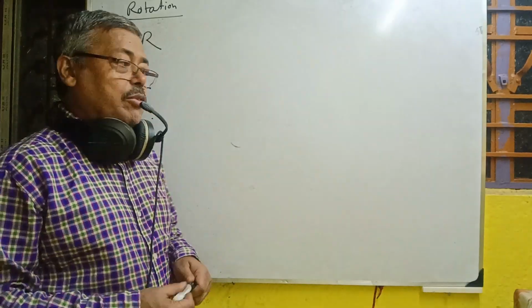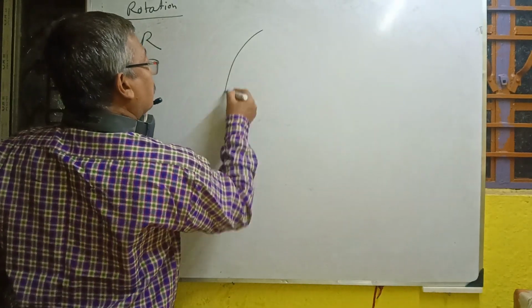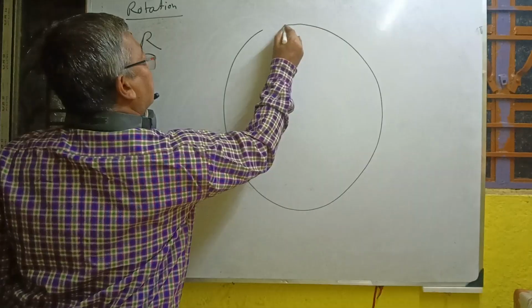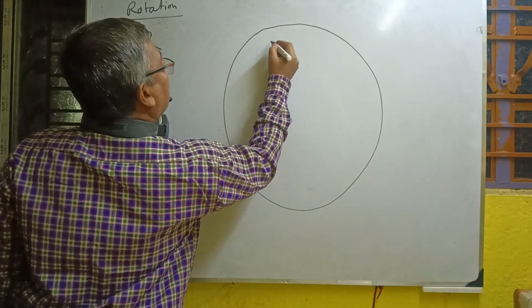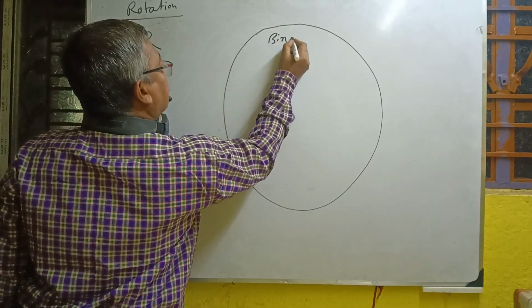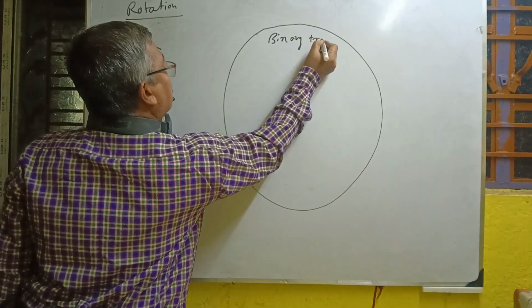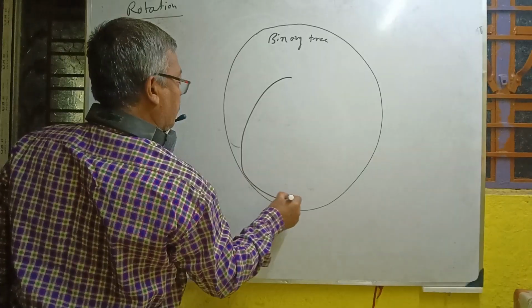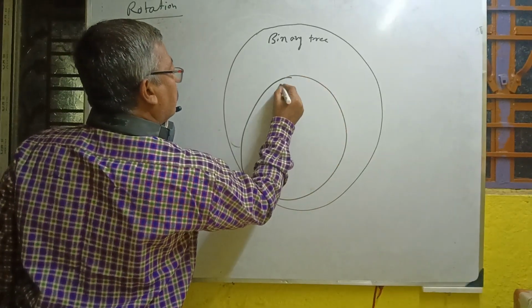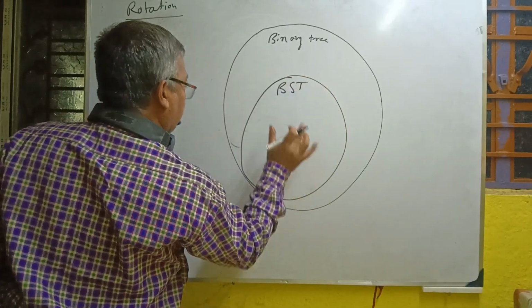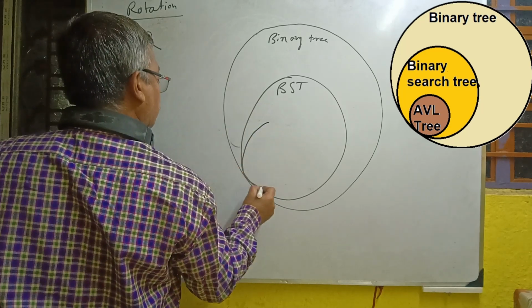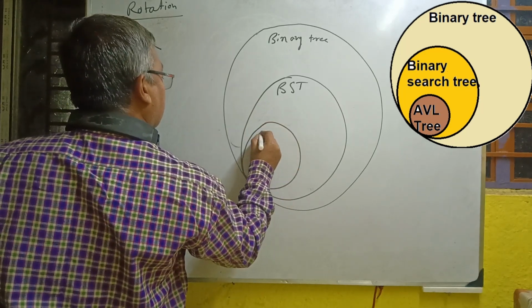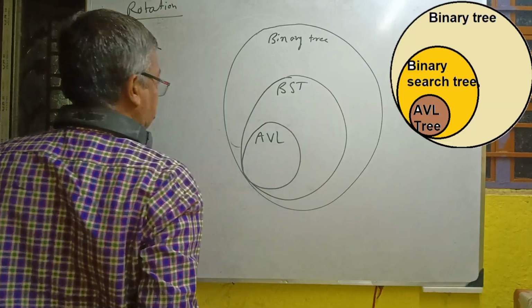If we see the comparison figure, consider this set is the full set of binary trees. Now, the binary search tree, BST, will be like this. If we want to see the AVL tree, it will be like this set.